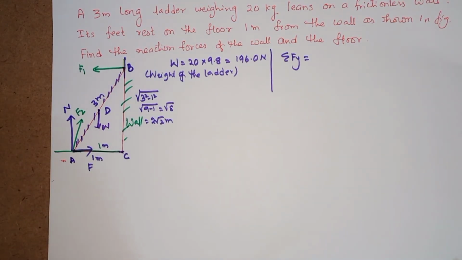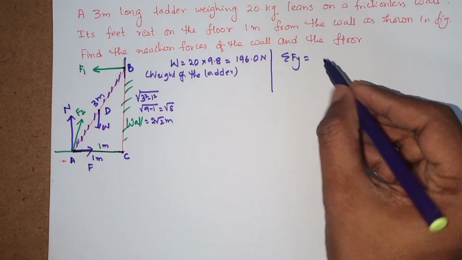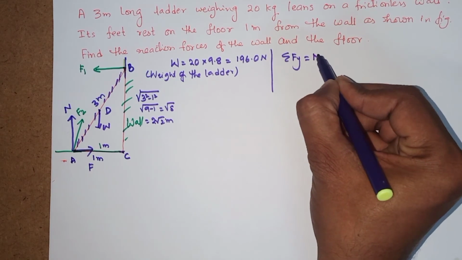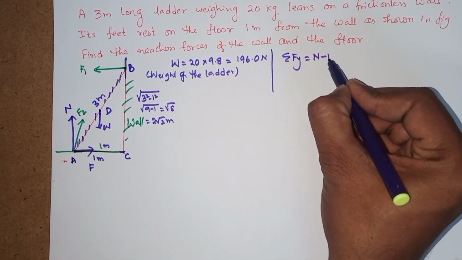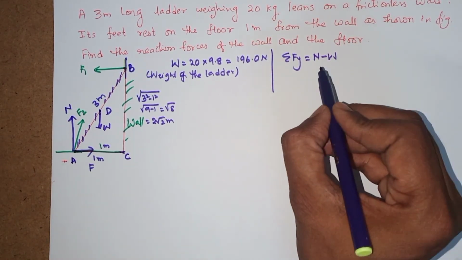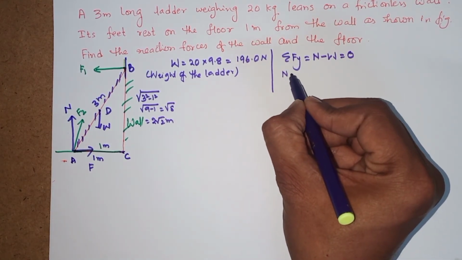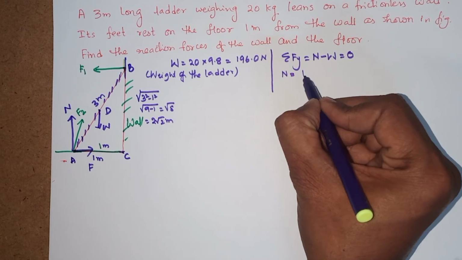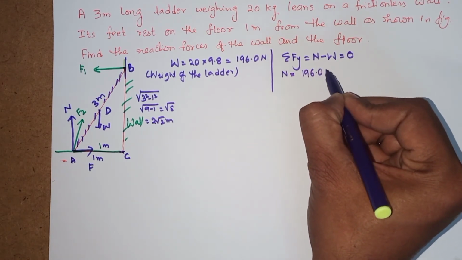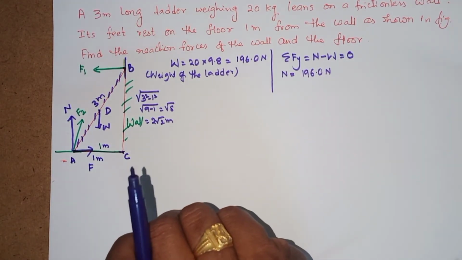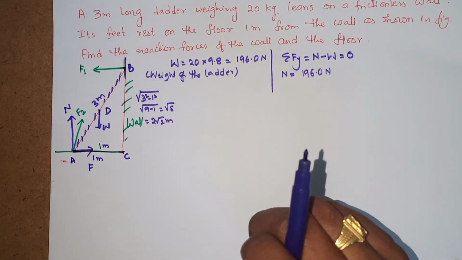Weight is always mg, already calculated. So the upward force is the normal force, the downward force is weight: N minus W equals 0. The normal force equals the weight, 196.0 newtons.